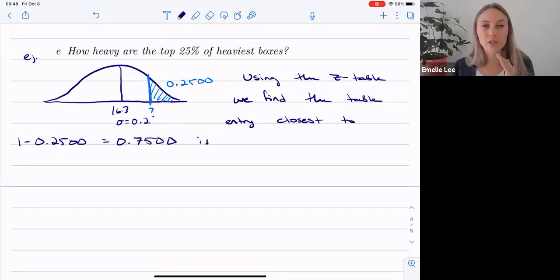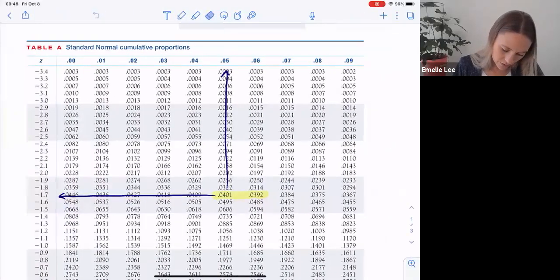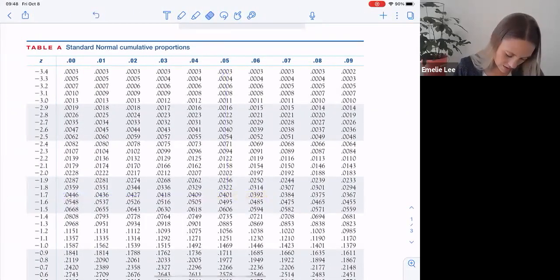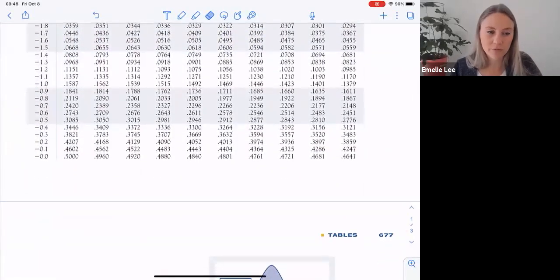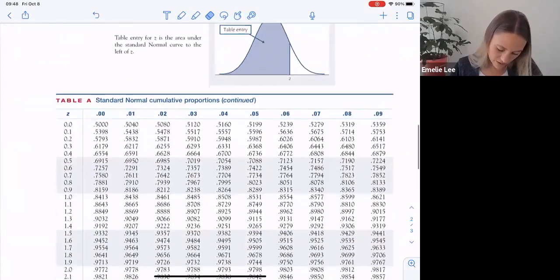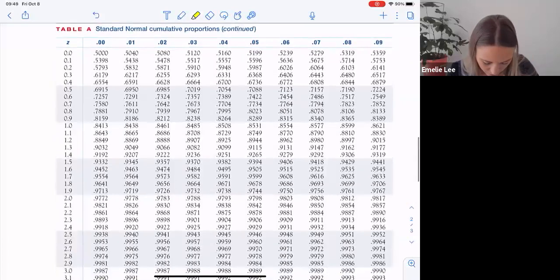So now I'm going to try to find 0.75, because remember the table entries are only giving you areas to the left, which is, I know it's going to be on the upper end. Why is that? Because it's more than 0.5. So now I know I'm going to be on the positive side here.